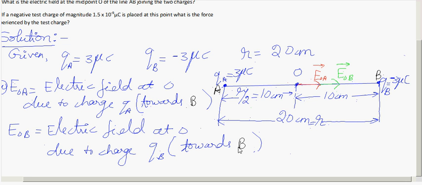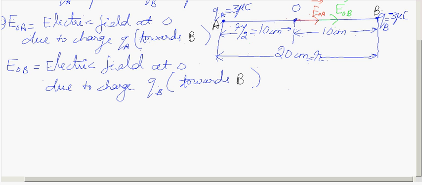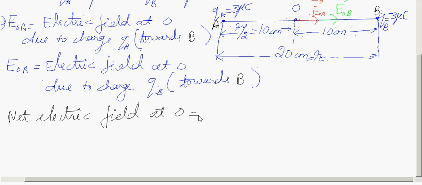So the net electric field at O will be the sum of EOA and EOB. At O is EOA plus EOB.